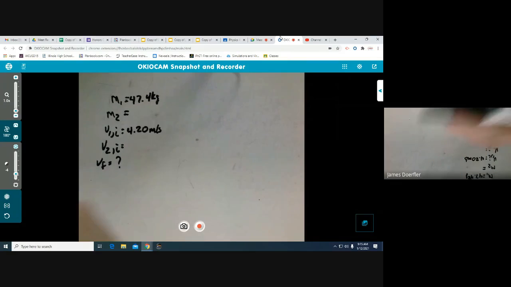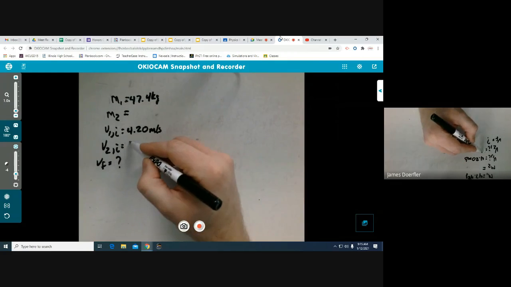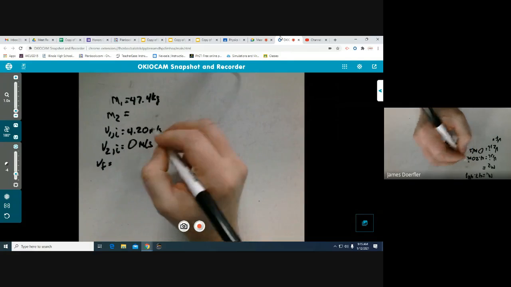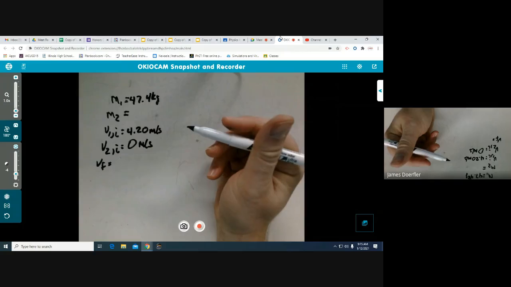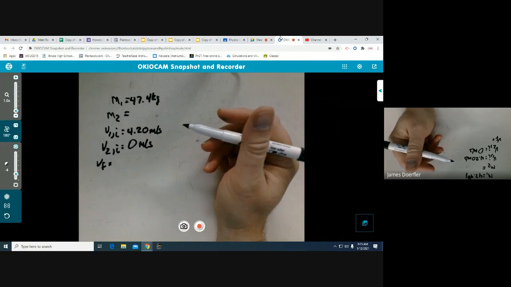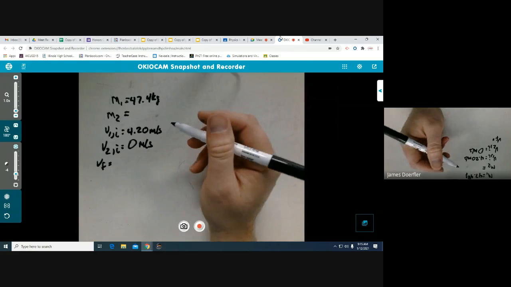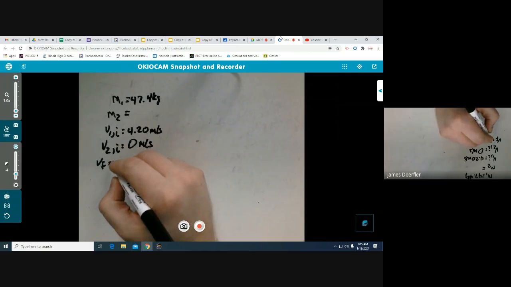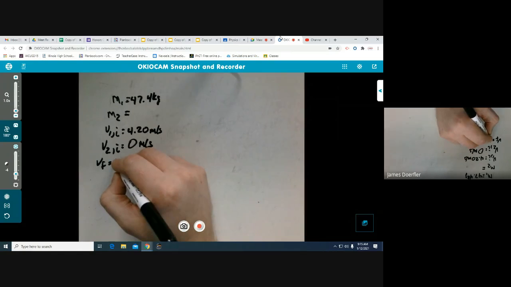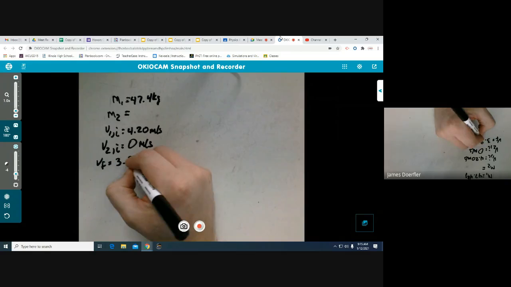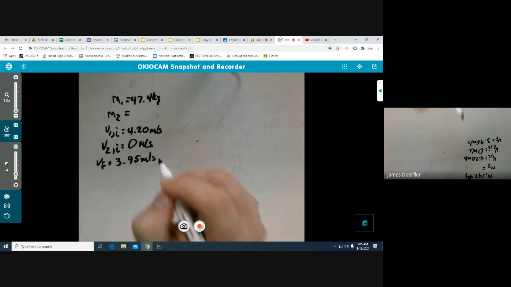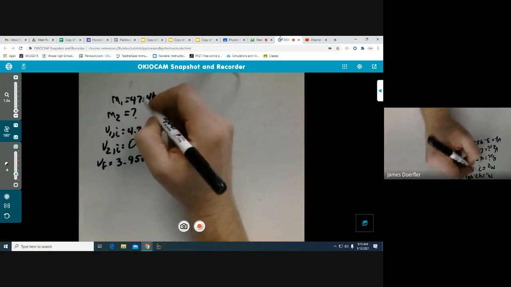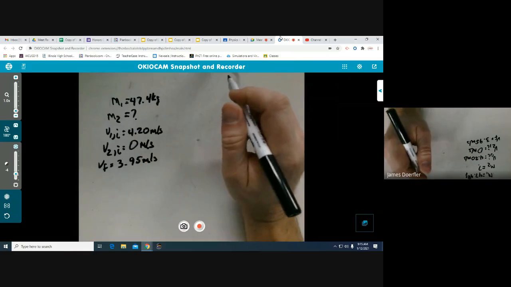The skateboard's initial velocity was 0 meters per second, because it's a stationary skateboard. After the student jumps onto the skateboard, they both have a velocity of 3.95 meters per second. We need to figure out what the mass of that skateboard is.